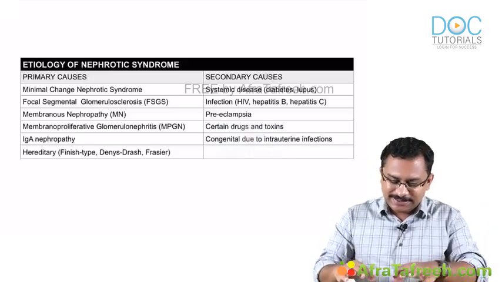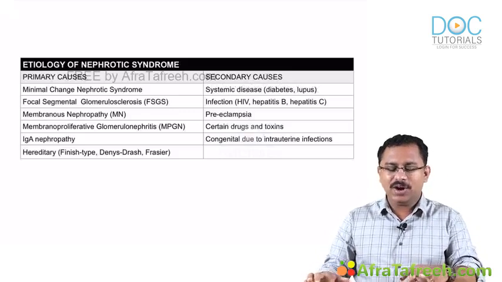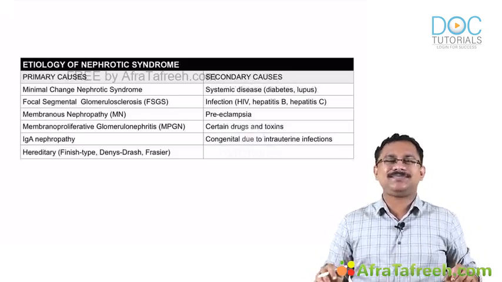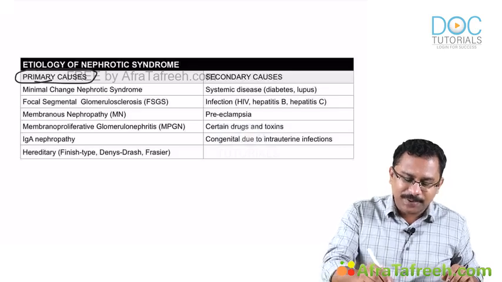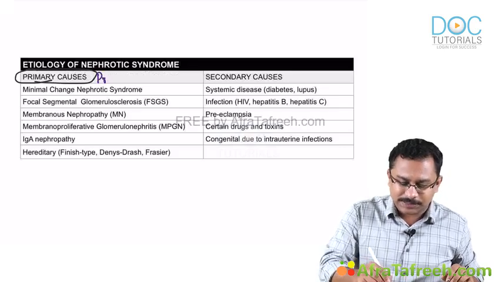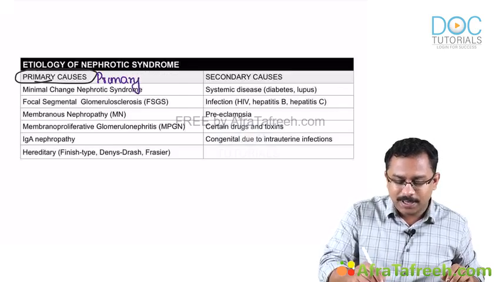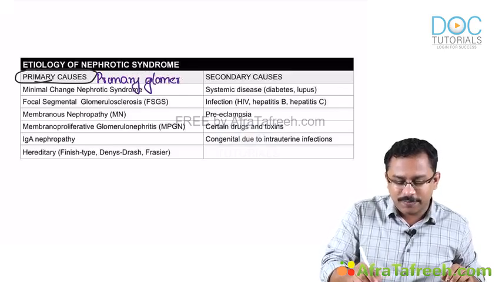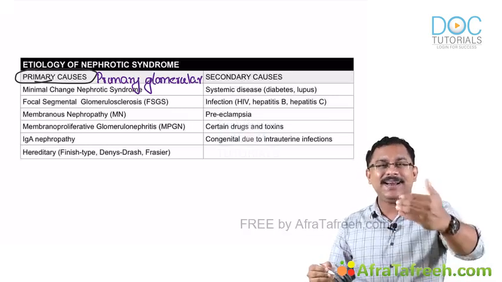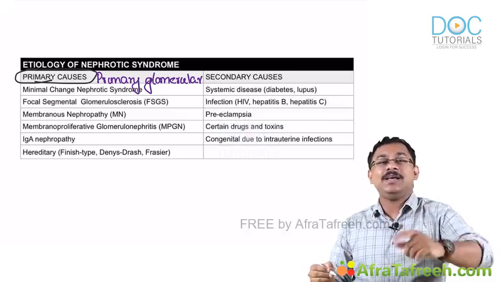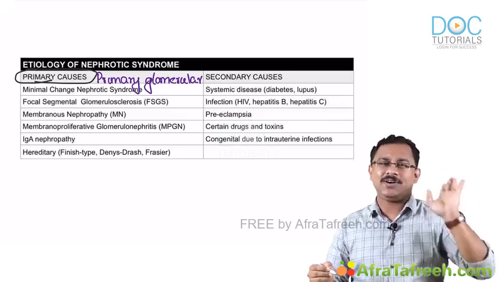So let's try to see this classification etiology wise. So these primary causes are the primary glomerular causes of nephrotic syndrome. Remember, after we have discussed all the clinical presentations, we will come to the glomerular disorders.